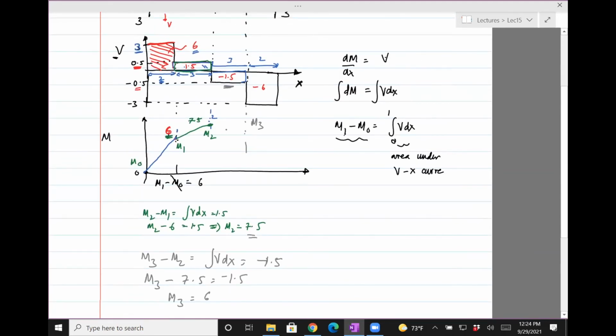So it comes back to 6. And then if you compute it over here, you'll see it'll be 6 minus this 6, it'll be 0. And you can use the formula too. So that's the bending moment diagram, and we got it without using the equations.